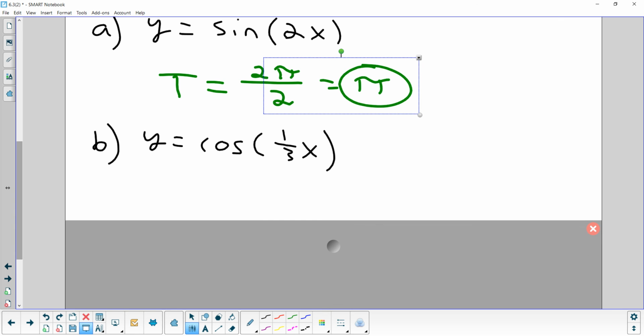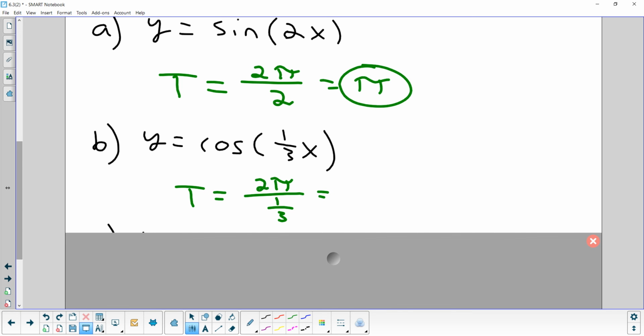All right, let's look at this one. Okay, cosine 1/3 x. What's going to happen to the graph in this case? Stretch. It's going to stretch. So now the original cycle was 2 pi. If you stretch it, that's going to get bigger. How much bigger? Well, let's do it out and see. 2 pi divided by 1/3.